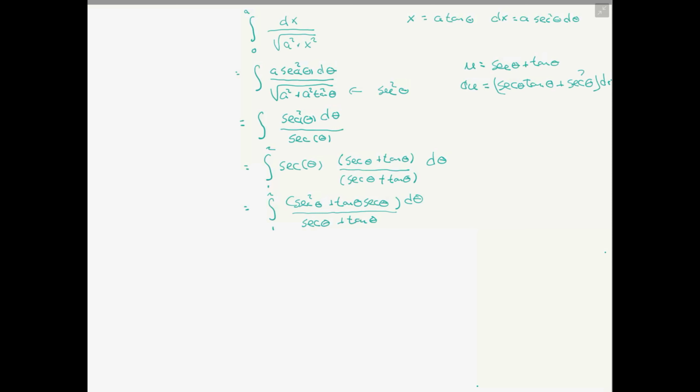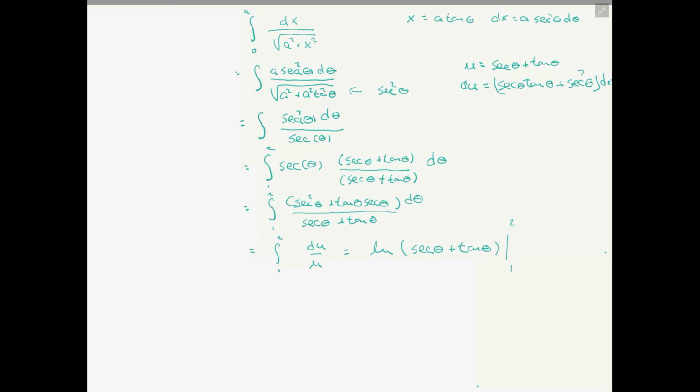And that's what we have in the numerator. So we have the integral from 1 to 2 of du over u, and that's equal to the natural log of u, which is secant theta plus tangent theta, evaluated between 2 and 1.